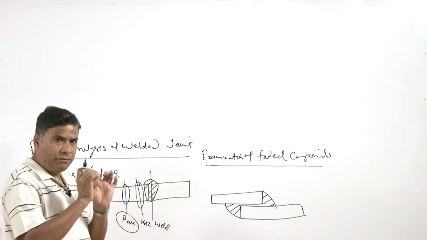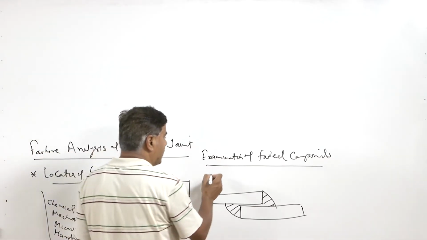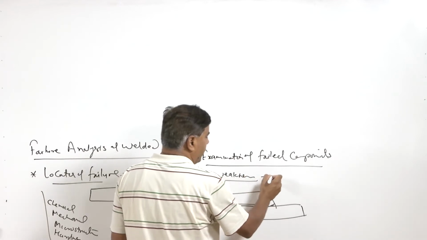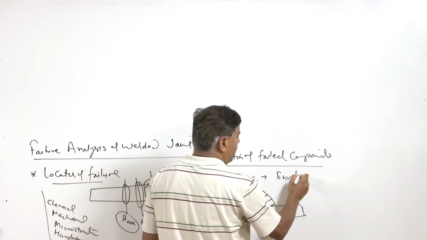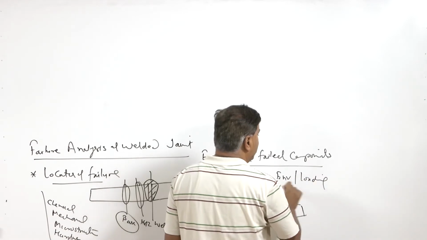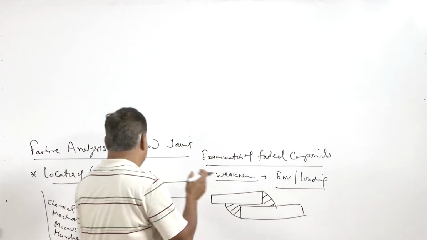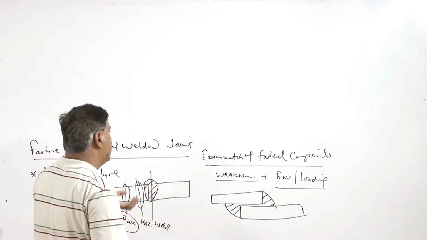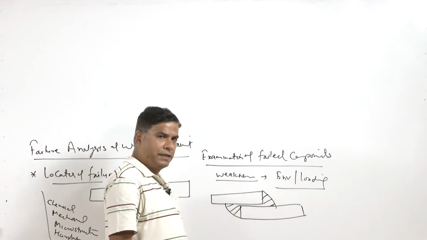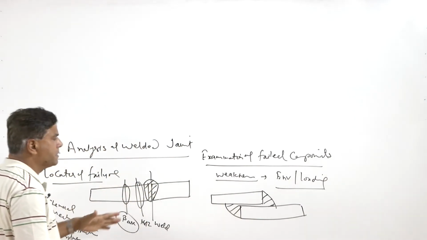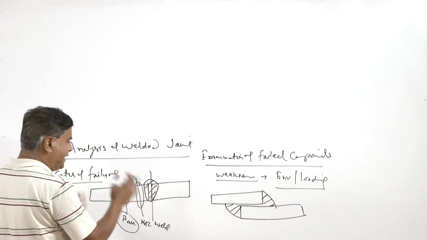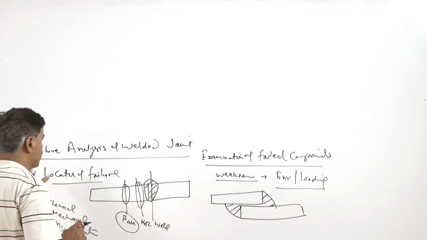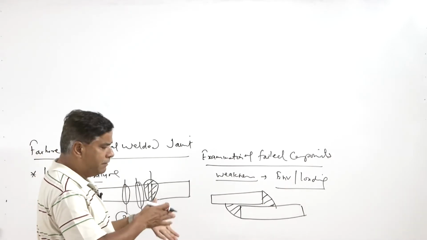Basically the failure location always suggests the location of weakness from the environment point of view, the loading point of view, or any other service condition expected from that particular part of the weld joint, under which it could not sustain, and that is why it has failed. So there must be some reason behind the failure of the weld joint from a particular location, and that needs to be investigated. Accordingly only we will be proceeding further.